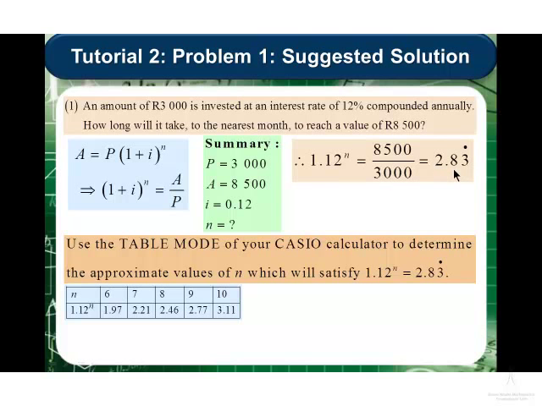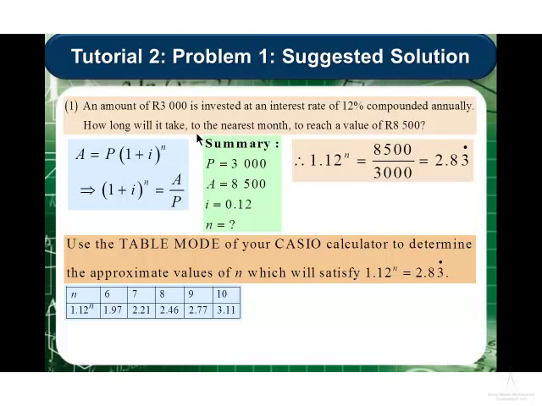So less than 9 years will be an underestimation for the growth period, and 10 years or more seems to be an overestimation of the growth period that is necessary for this investment to grow to the desired value. So somewhere between 9 and 10 we have the correct value for n, the number of interest periods for this investment to grow to exactly the correct amount in this case.